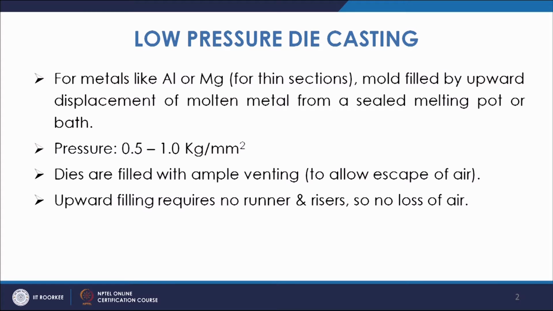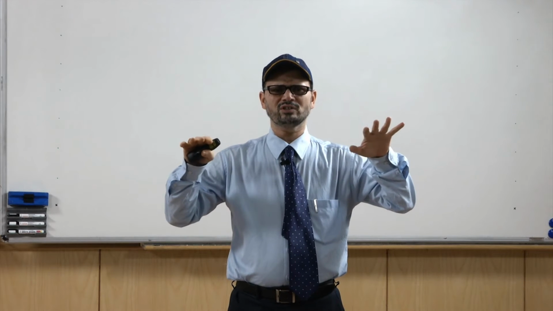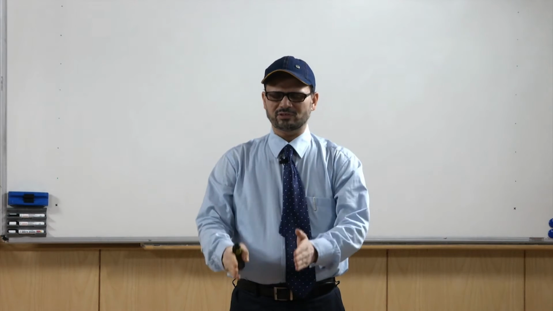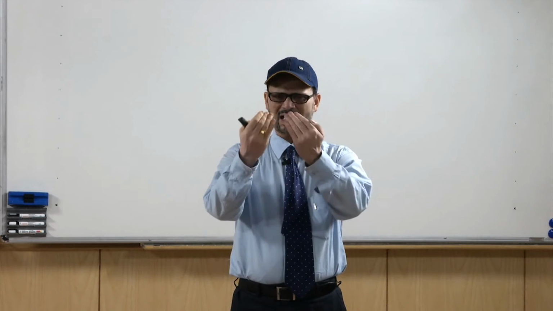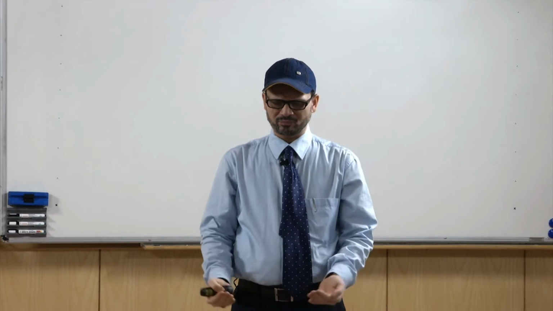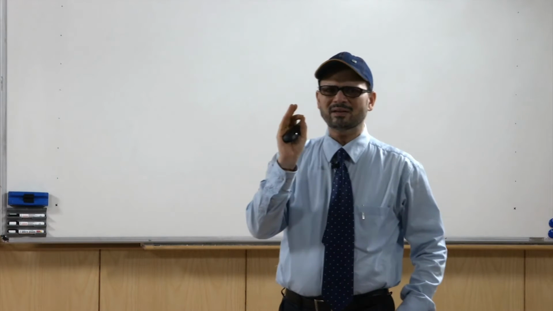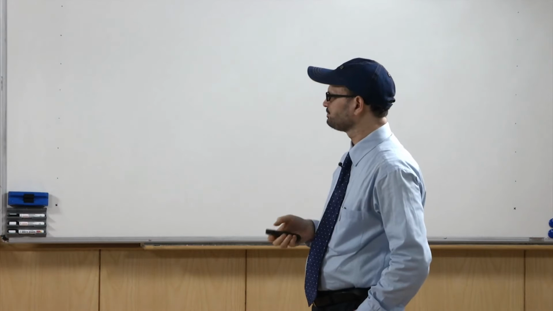You apply the pressure on the surface, and the middle portion has a tube, through which, due to this pressure, the metal goes up, and at the top you have the die cavity where the metal enters and you get the cast product.